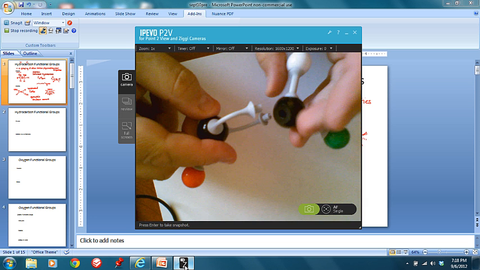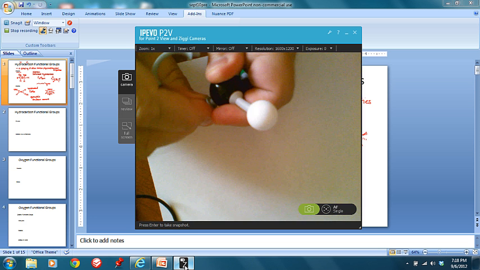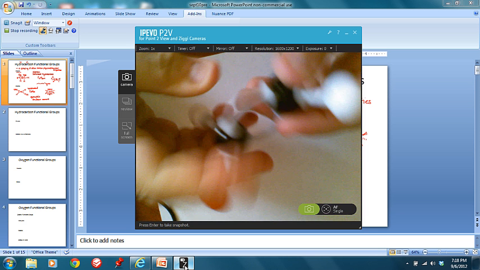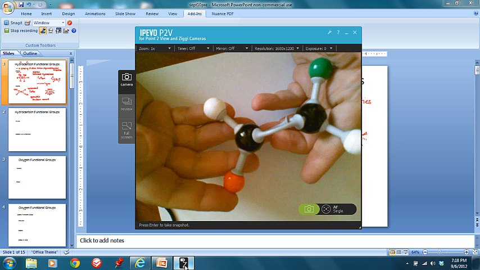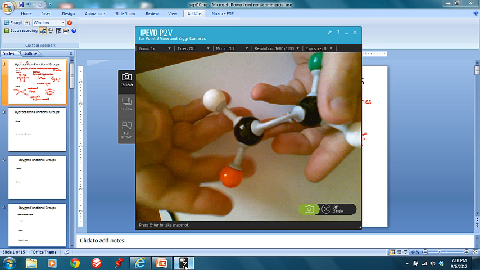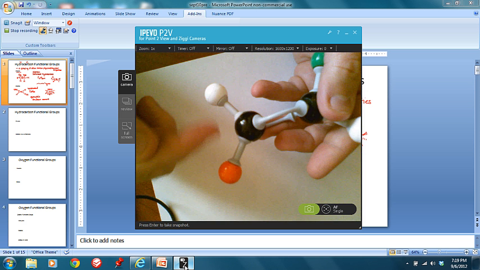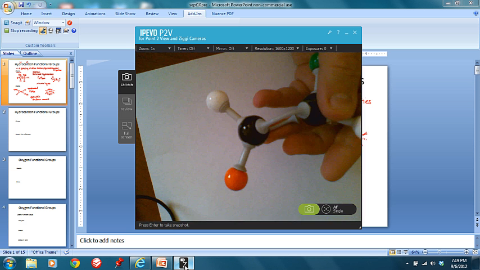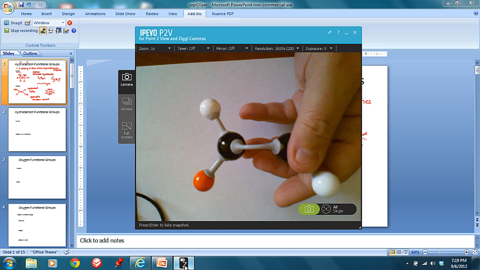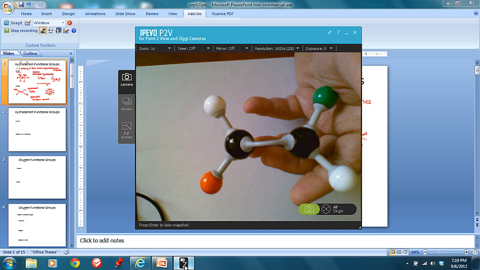There's still a sigma bond holding this together, and then I could rotate around the sigma bond and reform the pi bond to give me, in this case, the trans isomer. So we physically have to break the pi bond to allow free rotation around the sigma bond, and that takes energy, so breaking a double bond is very difficult and usually requires fairly high temperatures.